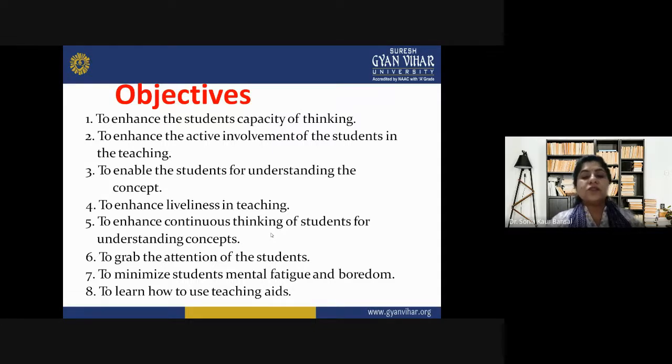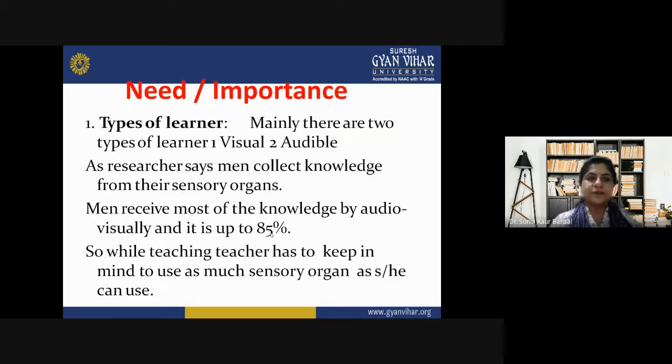To minimize the students' mental fatigue and boredom is also very necessary. So that's why a teacher must use stimulus variation skill in the classroom. To learn how to use the stimulus or techniques in the classroom is also one of the objectives of the stimulus variation skill.